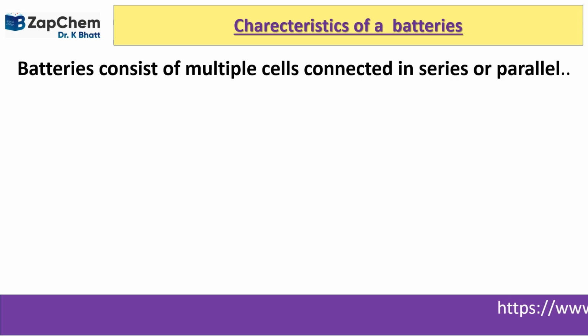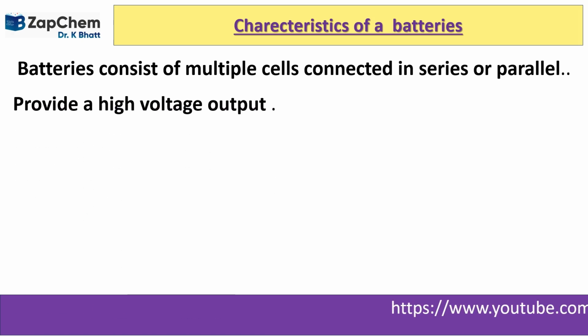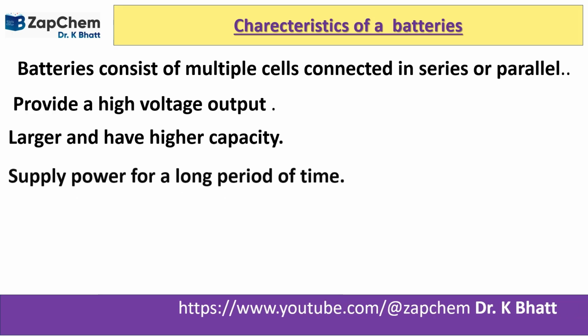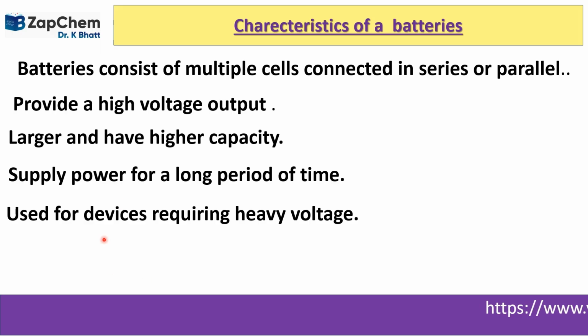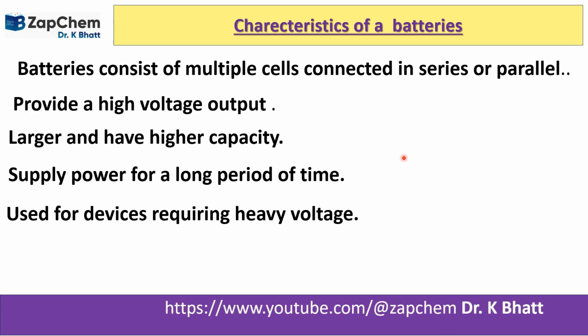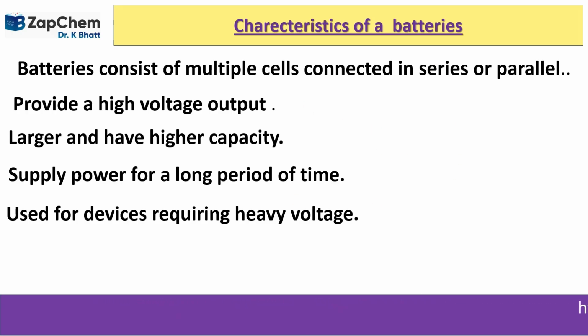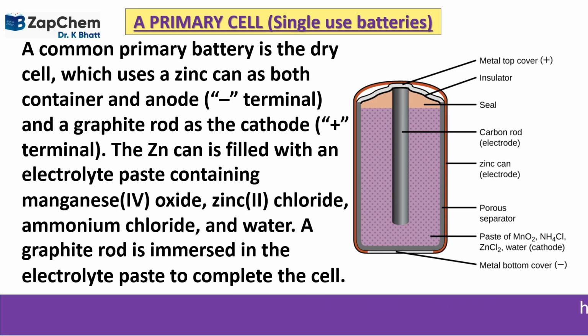And batteries are nothing but a collection of a number of dry cells or single-use cells, either in parallel or series, higher capacity, and it can be used for devices needing high voltage. So that's there. When you connect such dry cells in series or parallel, a higher voltage can be obtained.